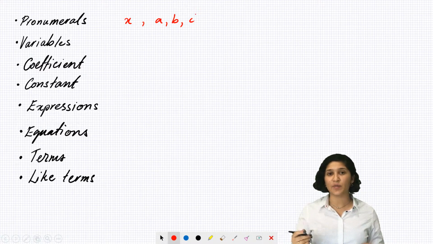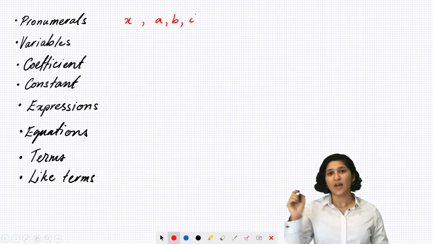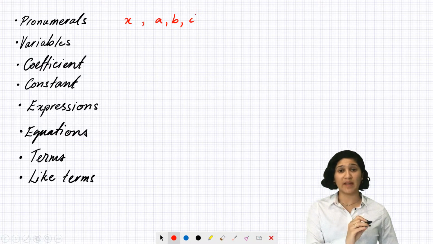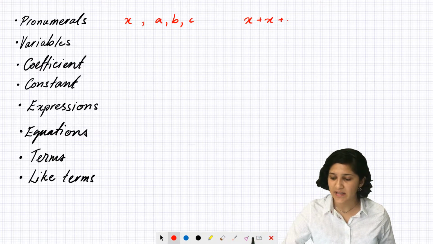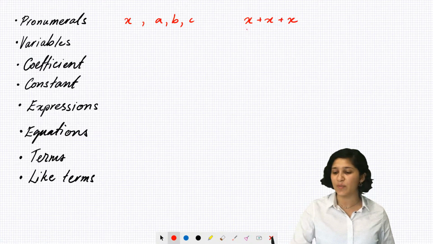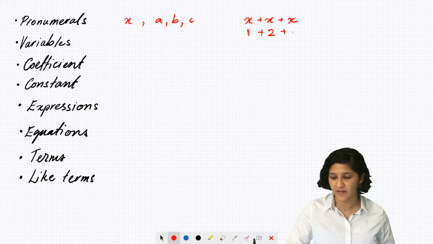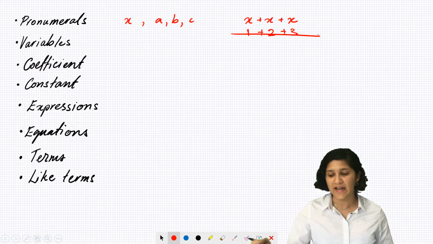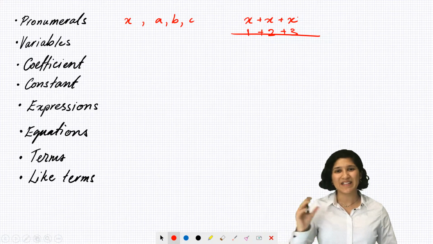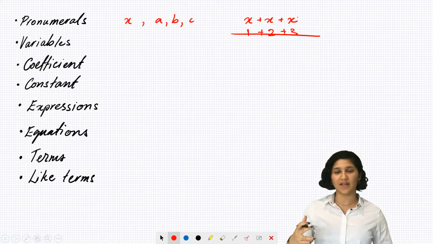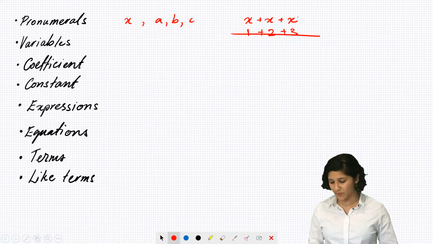So if a letter appears multiple times, all of those ones mean the same number. If I have x plus x plus x, that can't be used to represent 1 plus 2 plus 3. It has to be 1 plus 1 plus 1 or 3 plus 3 plus 3, something like that. So all of the x's in the expression mean the same thing.